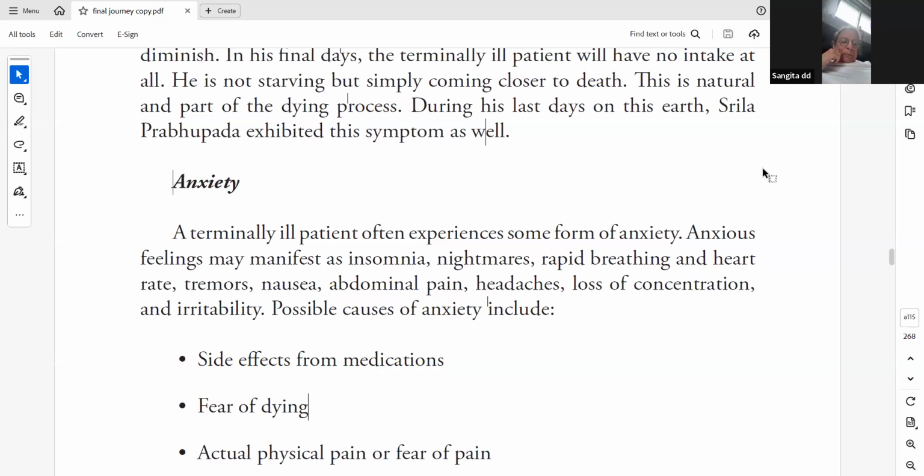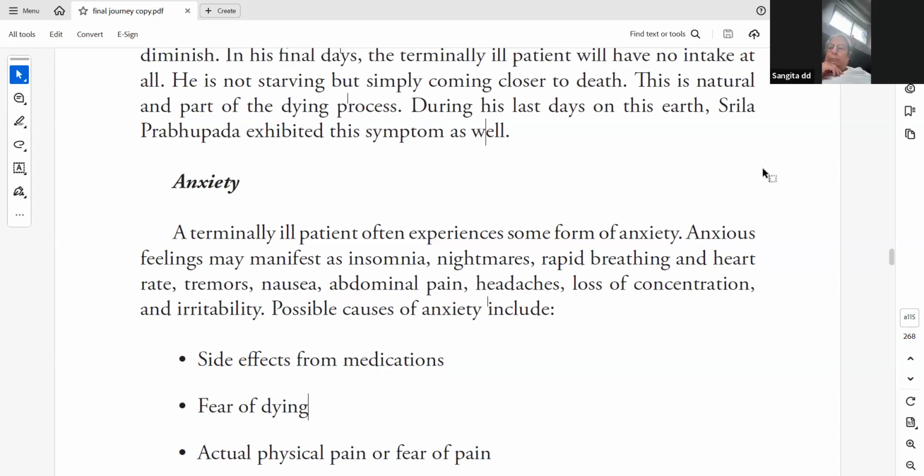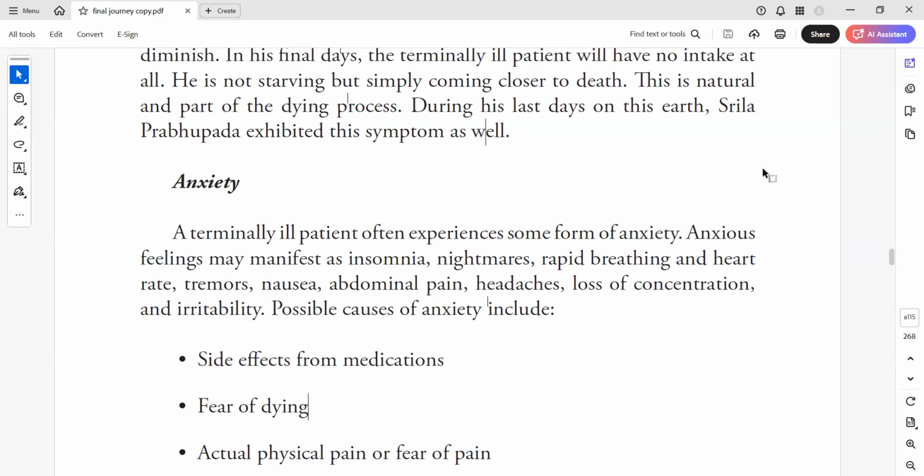I've worked at the bedside a lot in terms of supporting family members. And I've had a number of experiences where, as you write in your book, as the person declines and their body is shutting down, their intake diminishes. And that can be a source of huge anxiety and distress for families. I've had families come and say, well, the person is dying of thirst or they're starving to death.